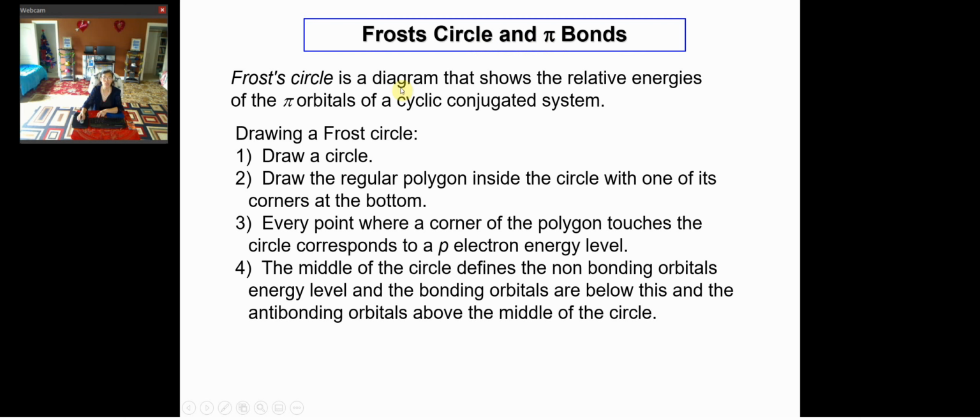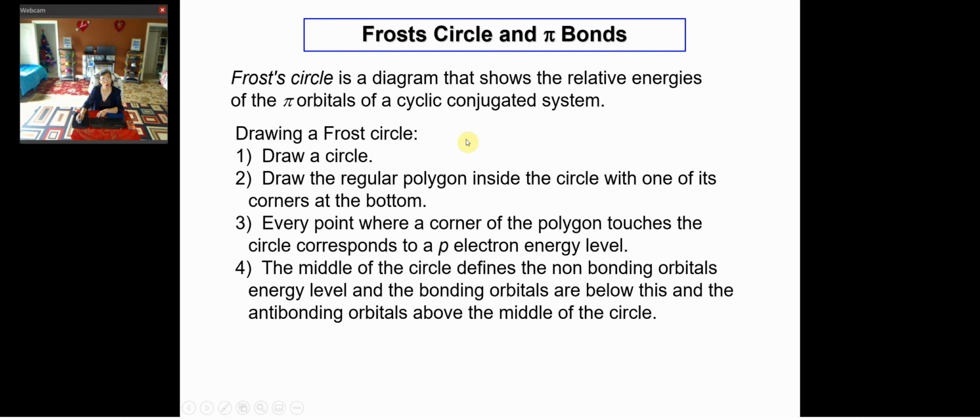The Frost circle is a diagram. It shows the relative energy of the pi orbitals of a cyclic conjugated system. This cyclic conjugated system must be a polyene, at least a diene, such as butadiene.